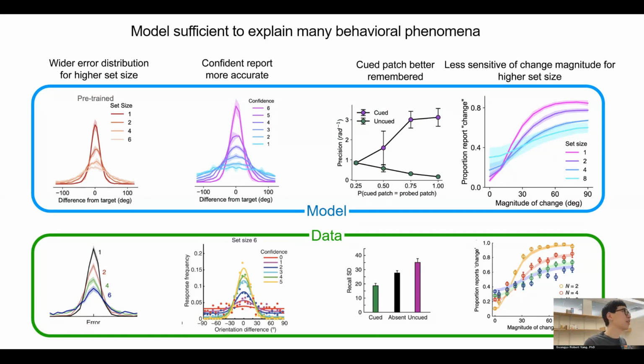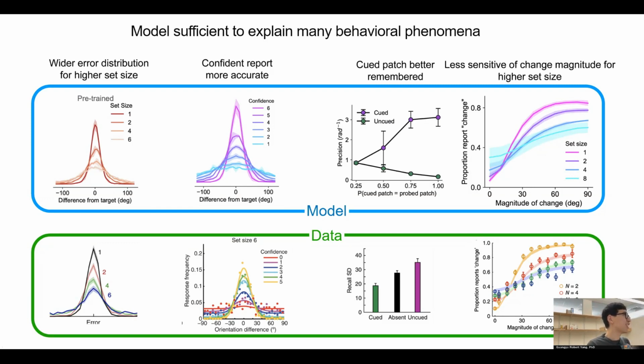Okay, so this is the flexible working memory part. So just to summarize, here we're showing that just by using a visual system that is built in a way similar to how visual neuroscientists would build them anyway, we're able to capture many phenomena that people have observed in working memory.